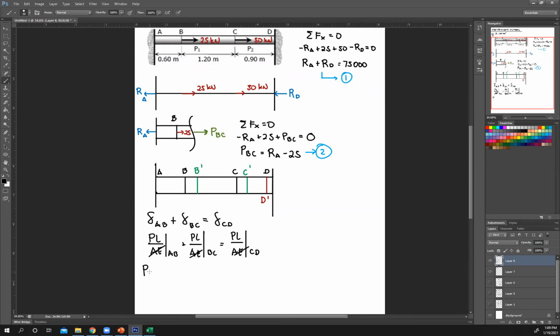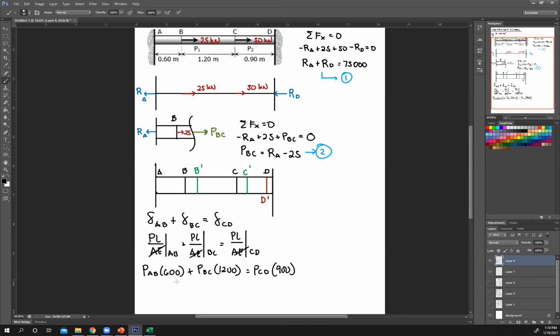I'm left with PAB times L, the original length of that, which is 0.60 meters, which is 600 millimeters, plus PBC times LBC, 1,200 millimeters, equals PCD times this, 900.